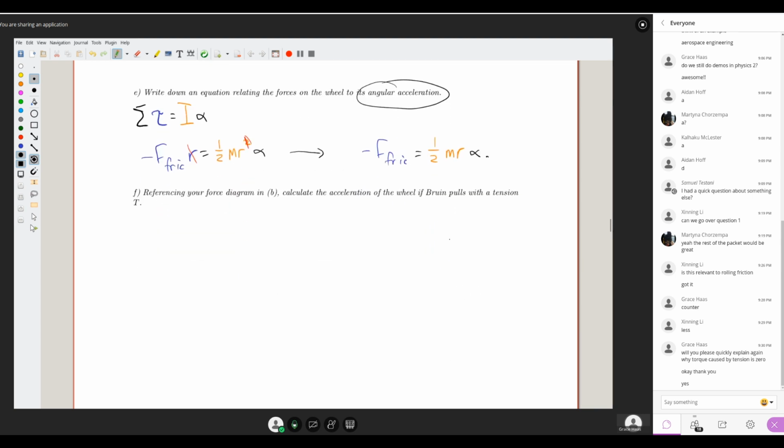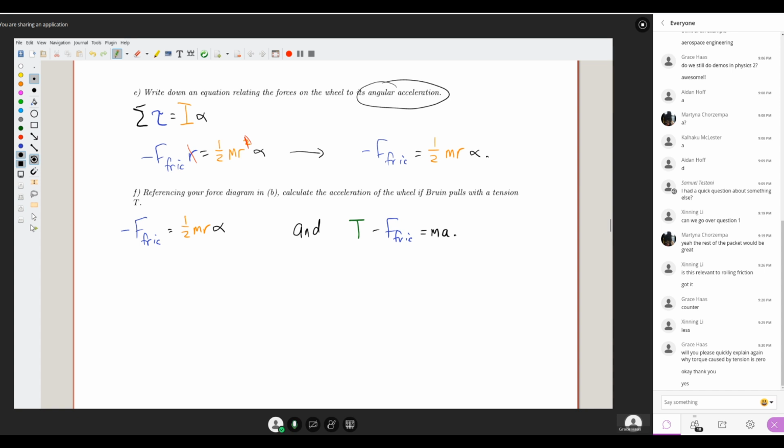Okay, and now we're supposed to figure out the acceleration of the wheel. So let me write down the two equations I have. I know that minus F fric equals 1/2 mr alpha, and T minus F fric equals ma.